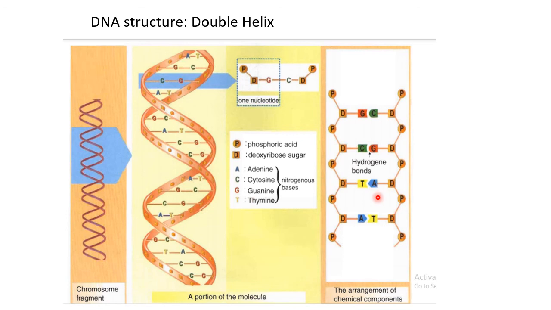So we have two types of base pairs, GC or TA. Always G pairs with C, and C with G, and T with A, or A with T. So I have two strands facing each other. They have hydrogen bonds between them, and they are composed of many nucleotides.